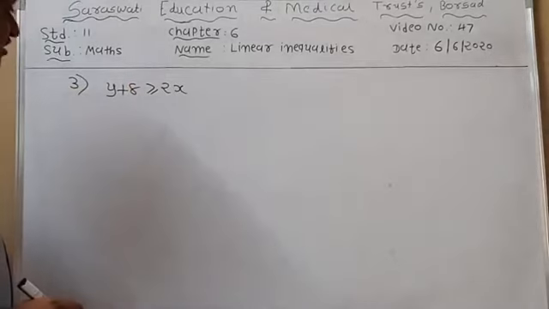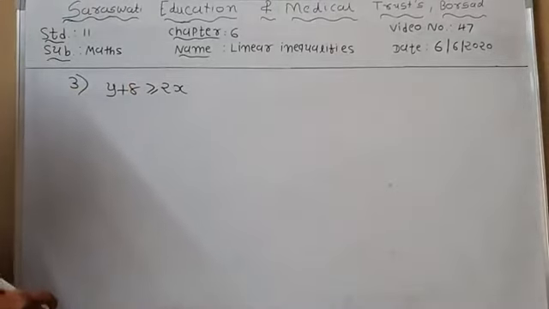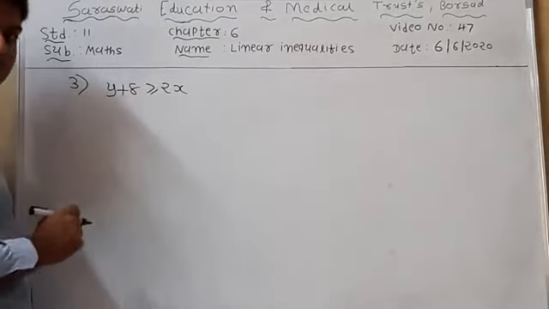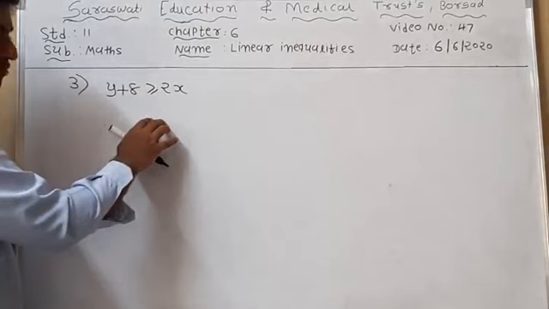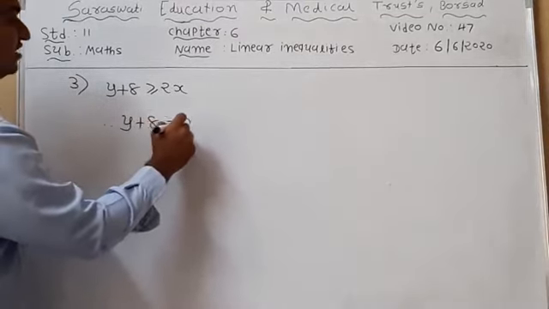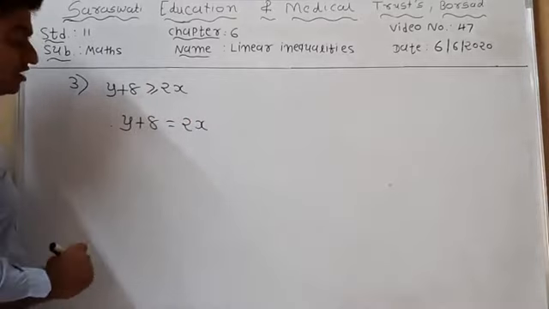Solve this equation and then represent it graphically. First of all, here greater than or equal is present, so in place of it we write equal to. So y plus 8 is equal to 2x.